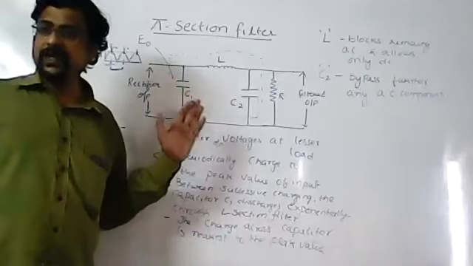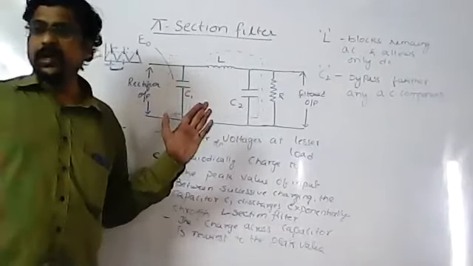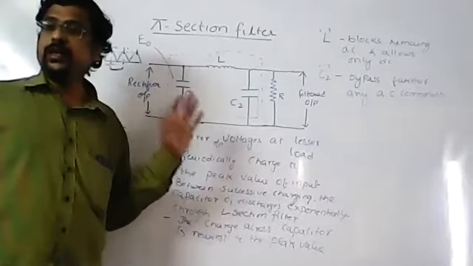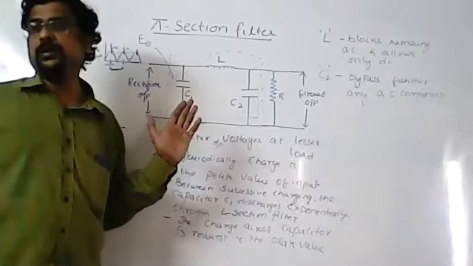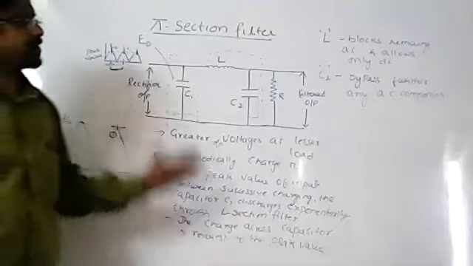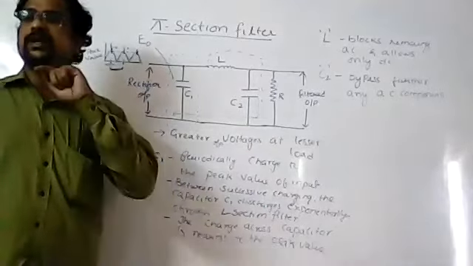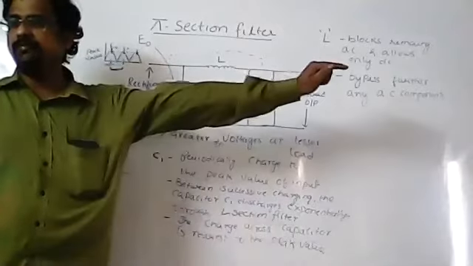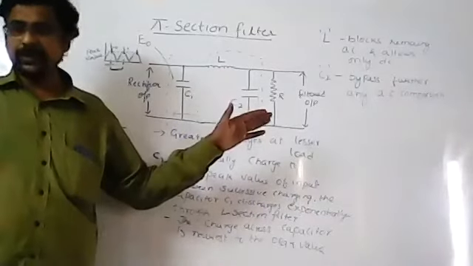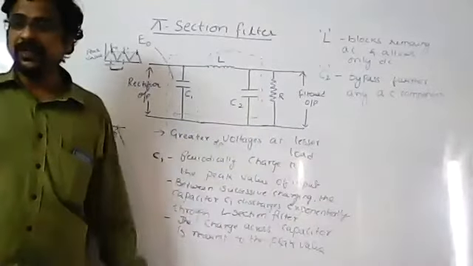So with a pi section filter, we can obtain a pure DC output. For a full wave rectifier, if I connect a pi section filter, then at the output I can see a constant straight line, which signifies a DC component.